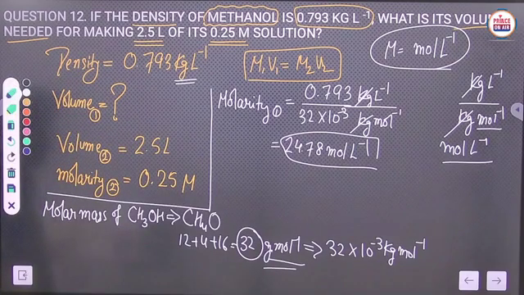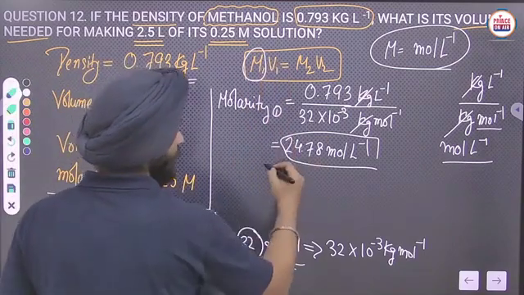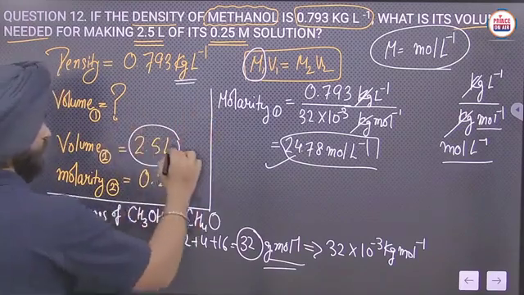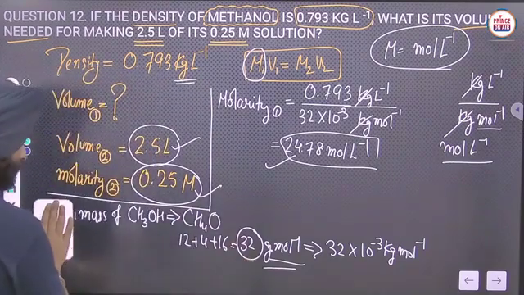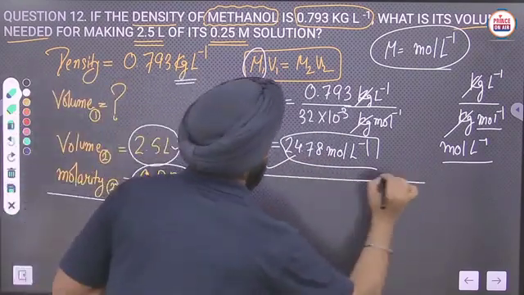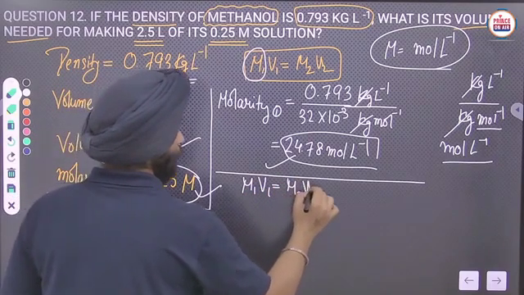Now you have got M1, and V1 you have to calculate, while M2 and V2 you already have. So M1V1 equals M2V2.